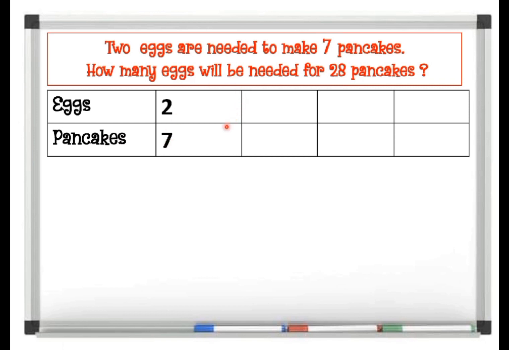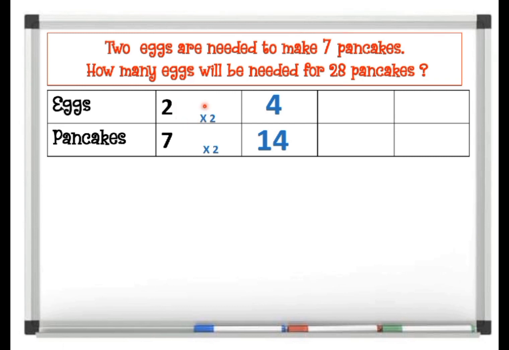Ngayon, kung dudublehin natin ang egg na ito times 2, magiging 4 na eggs. So, kung dinoble natin ang eggs, dudublehin din natin ang pancake. So, 7 times 2, the answer is 14. So, sa bawat 4 na egg, mayroong 14 na pancakes na magagawa.